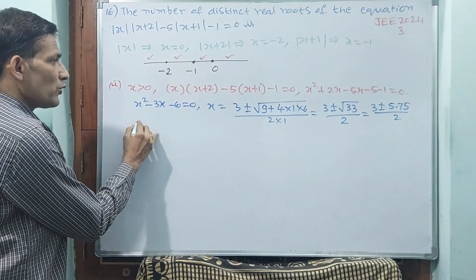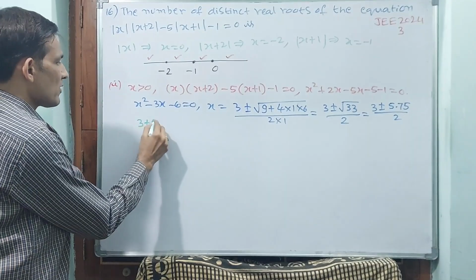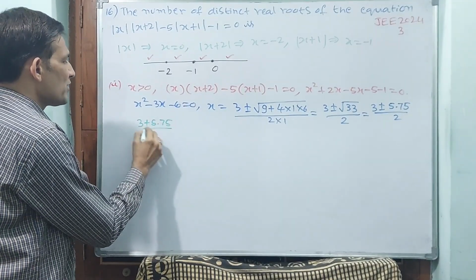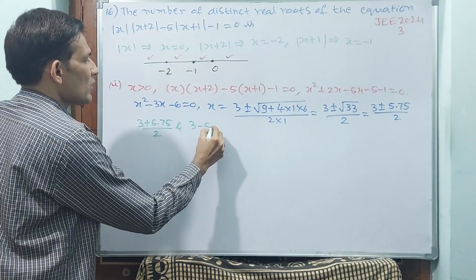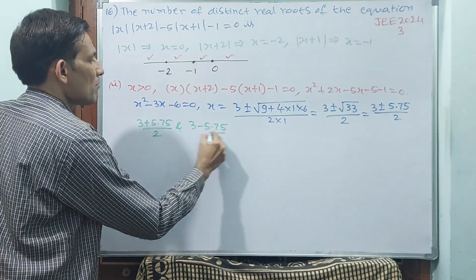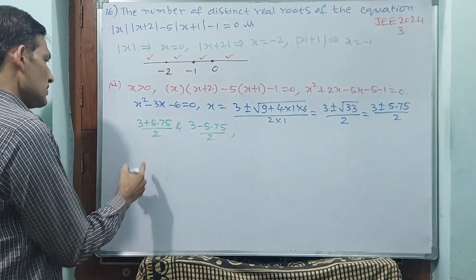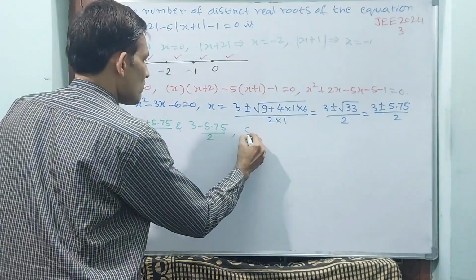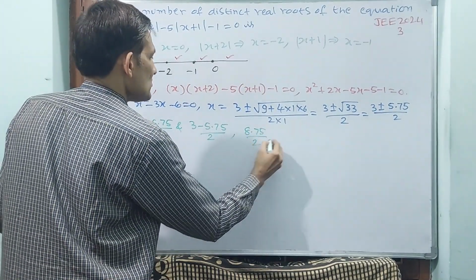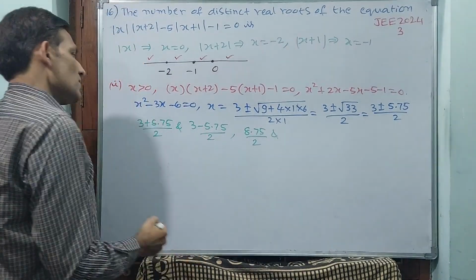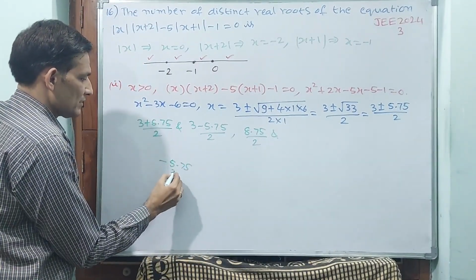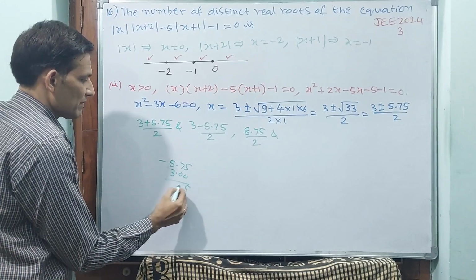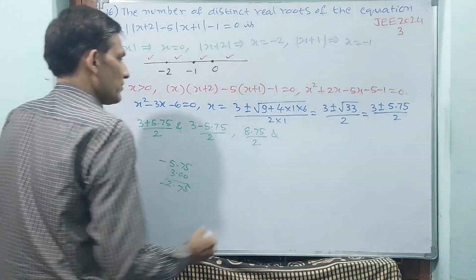See, what are the 2 roots? 3 plus 5.75 by 2 and 3 minus 5.75 by 2. See, 8.75 by 2, and minus, 3 is less, that means minus 2.75.